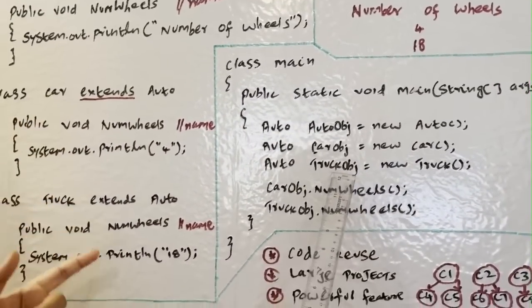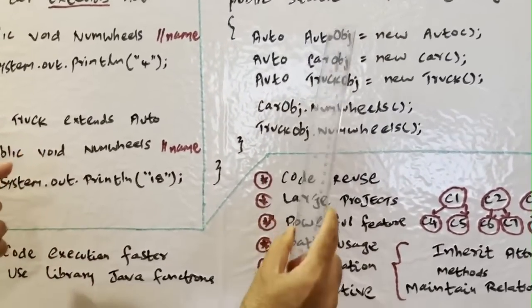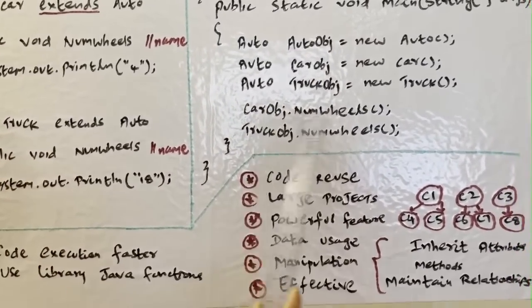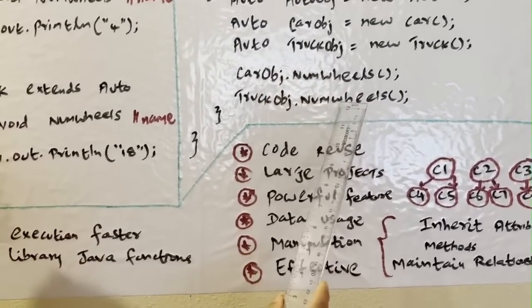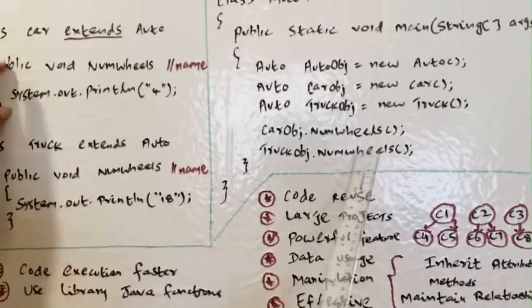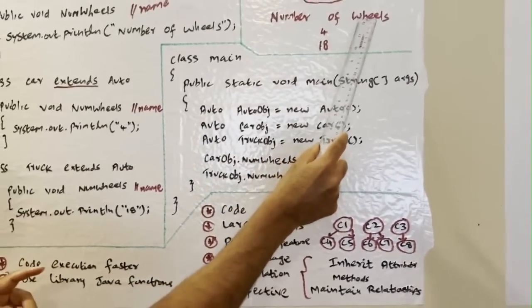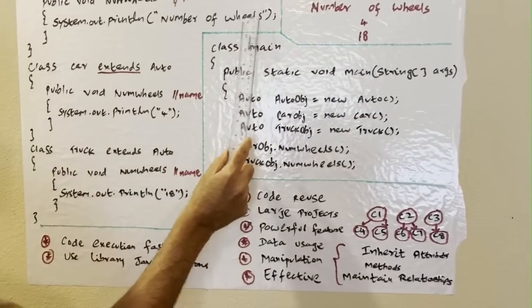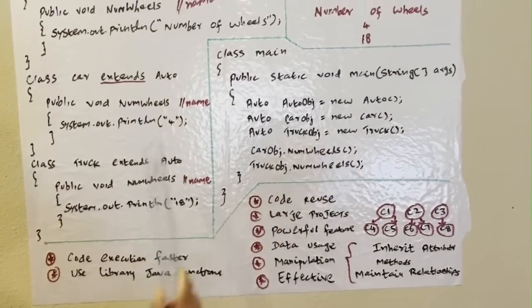Next, truck object, instantiate the truck, new truck. So now I'm going to call the main object. I'm trying to print it, car object dot numWheels, truck object dot numWheels. I'm calling these two. Let's see what happens. Output, number of wheels. So this will be printed, number of wheels. Then 4, 18. These are printed.